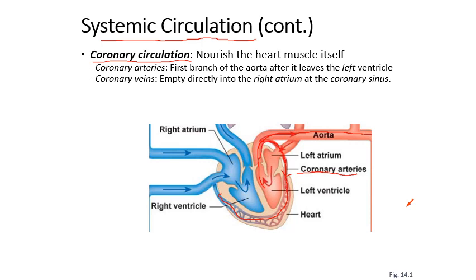Because with pulmonary, we bring the blood up, get it oxygenated, bring it back to the left, and then out the oxygenated blood gets pumped out to the different tissues. First branch here is part of the coronary circulation. So coronary circulations are the arteries, the vessels that are supplying the oxygenated blood to the heart, and then bringing it back to the heart. It includes the arteries, coronary veins, and then that coronary sinus, where all the blood gets pulled back and then back into the heart, back into the right atrium.